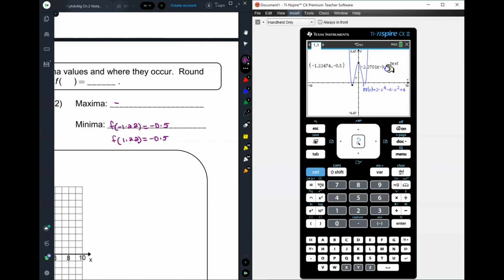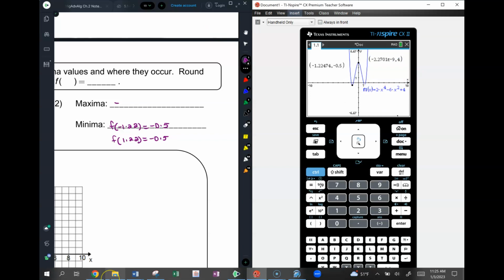Okay. Oh, good. I'm glad I got this. Okay, so take a look. This is what I got for the maximum. So the y value is 4. And what's this funny thing? That's pretty much 0. Basically it's e to the negative 9, scientific notation. So it's negative 2 times 10 to the power of negative 9.